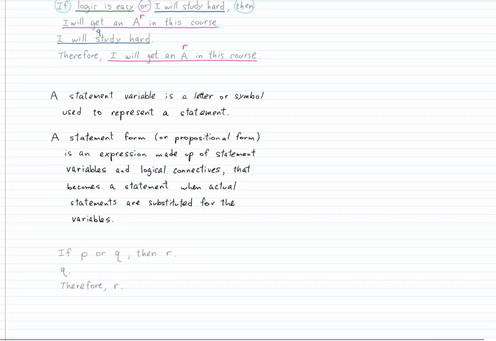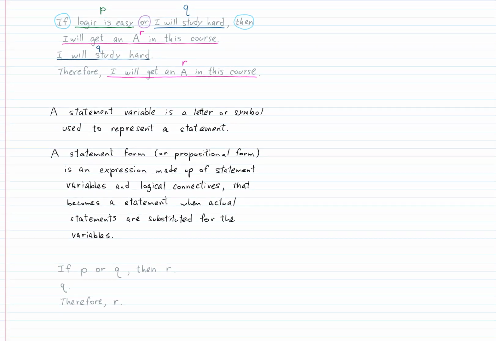So let's shrink this down a bit. So this thing down here is composed of 3 statement forms. Okay? If P or Q, then R is a statement form, Q is a statement form, and therefore R is a statement form. They're neither true nor false. Okay?